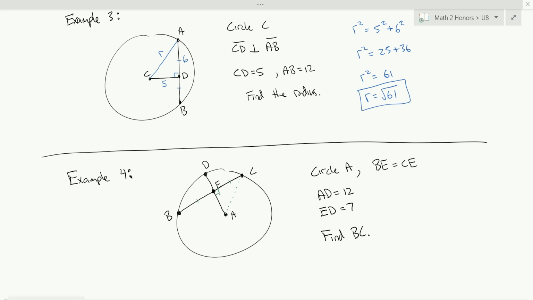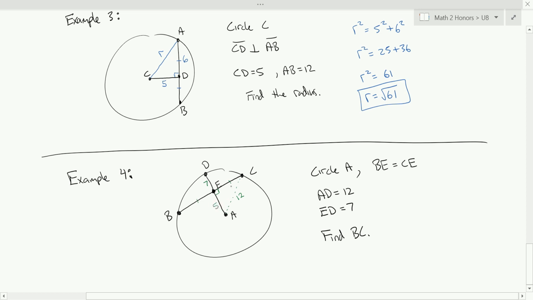What can you tell me about the side length of this triangle? Do we know AC? Yes. What is it? It's 12 because I give you AD. That's a radius. Be mindful of the radius, and that's a radius right there. So that's 12. And then they tell us this is 7 from D to E. So what is it from E to A? 5, because it's got to add up to 12.